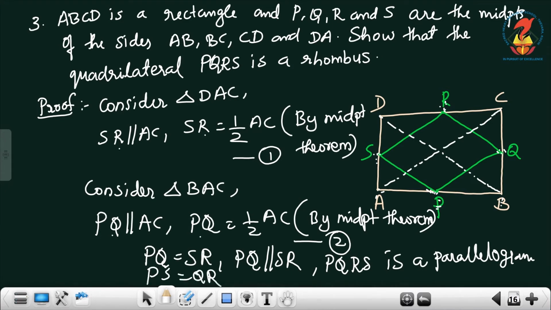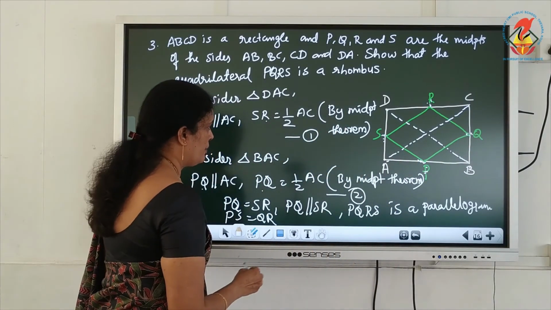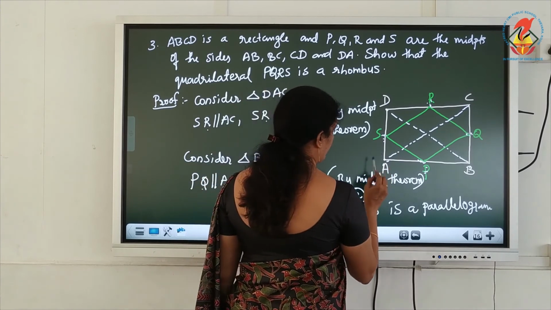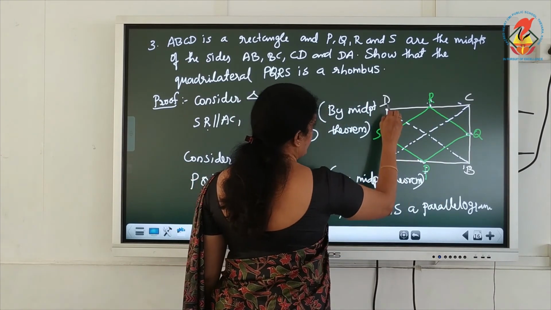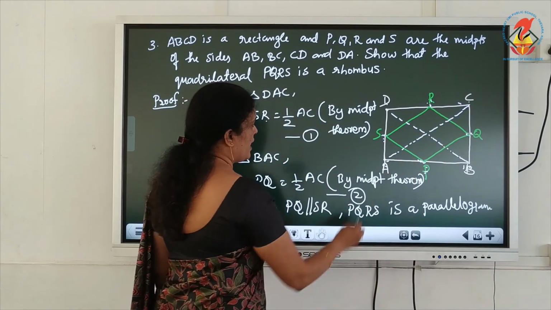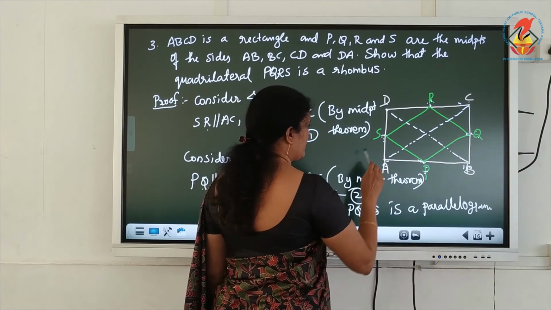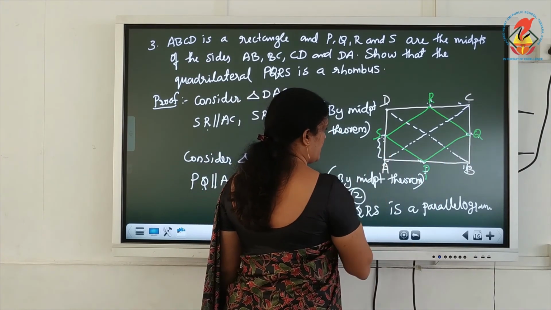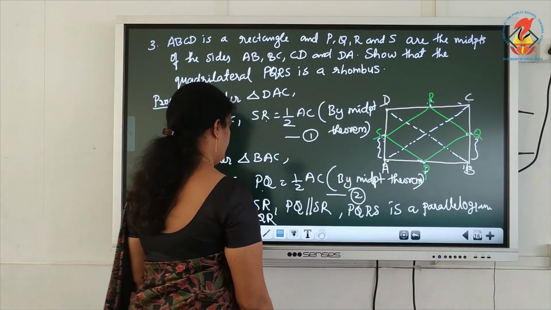We need to prove that PS equal to PQ also. For that, consider that ABCD is a rectangle, so AD equal to BC, as opposite sides are equal. S and Q are the midpoints of AD and BC, which means AS and BQ are equal.